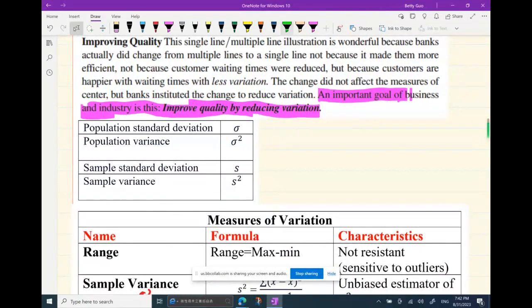The notation for population variance is sigma square. And the notation for sample variance is S square. Okay? Yeah. Do you still remember parameter and statistic?